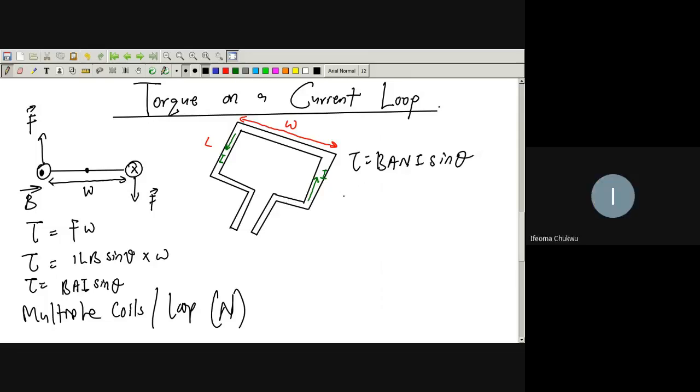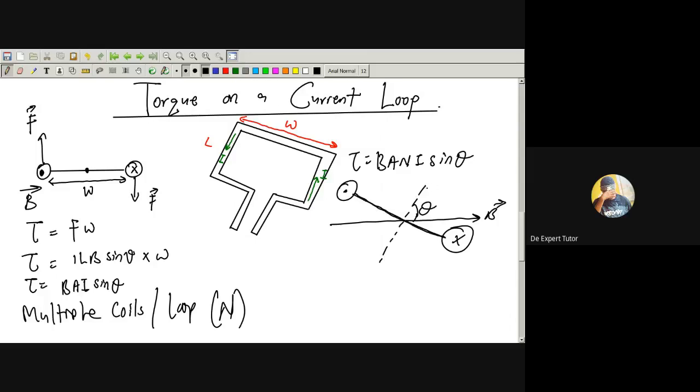Yes, exactly. So your theta, in fact, let me generalize the situation for you, whereby what if you have something like this? So we have something like this, theta. Now check. You see that theta is the angle between the direction of the magnetic field and the perpendicular line to the plane of the loop.